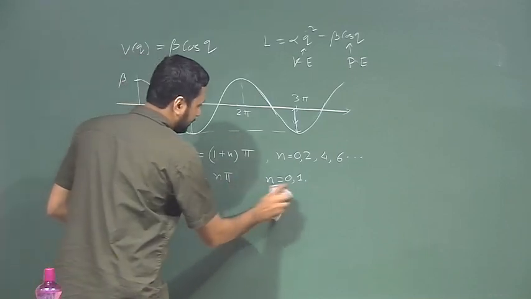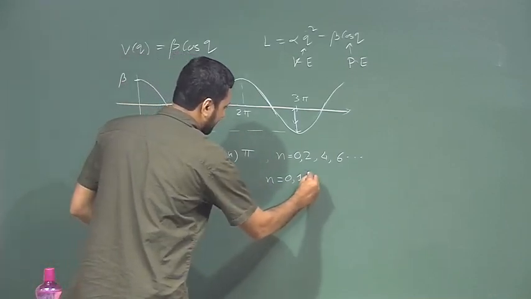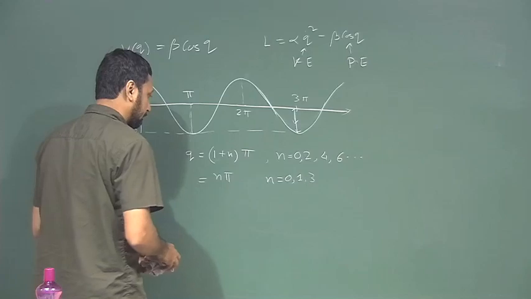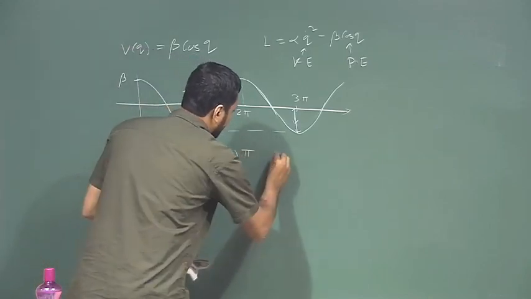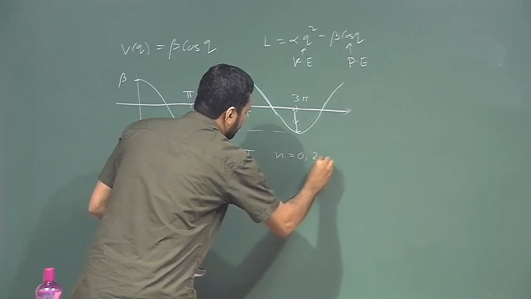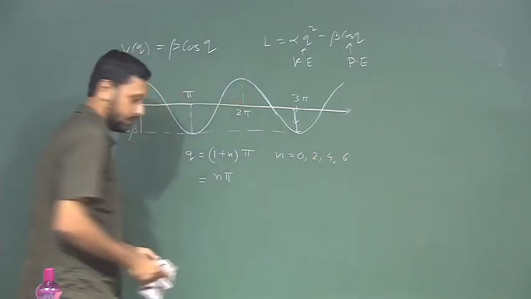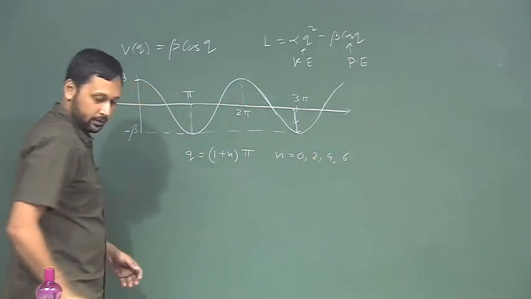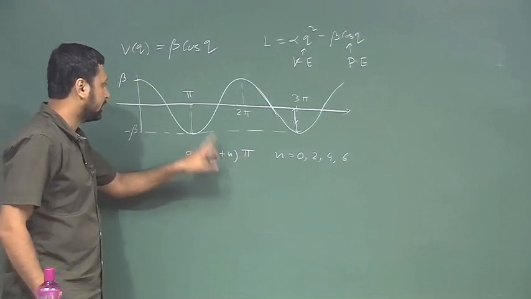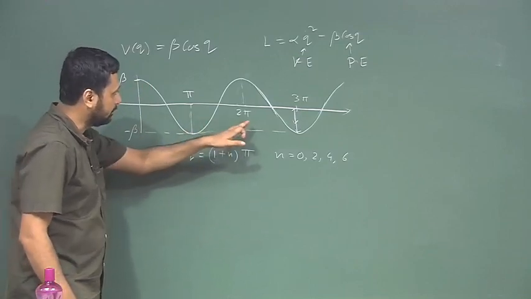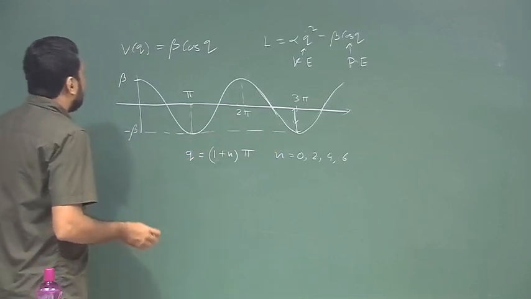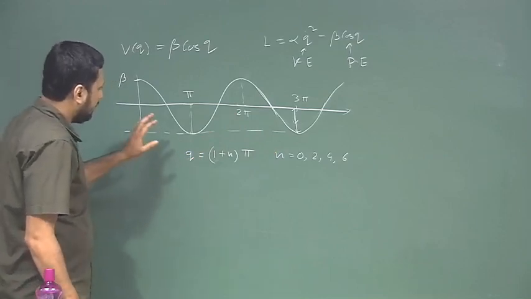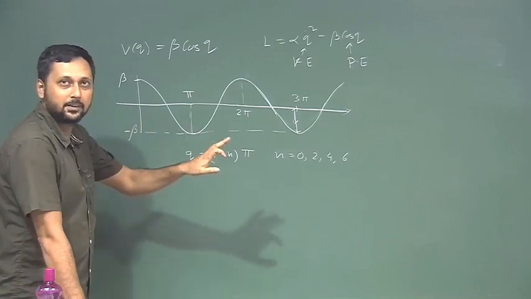Otherwise we cannot generalize, because we cannot put 0, 1, 3 like this. So, you put n equal to 0, you get pi, put 2, you get 3 pi, 5 pi, like this.